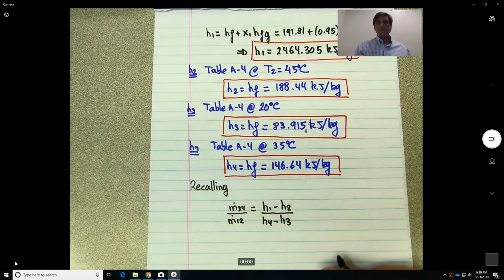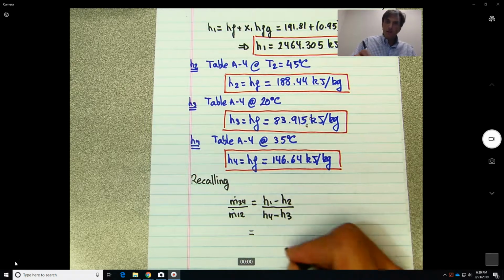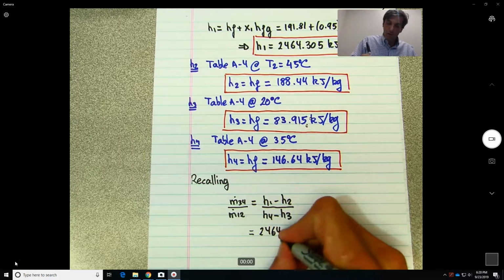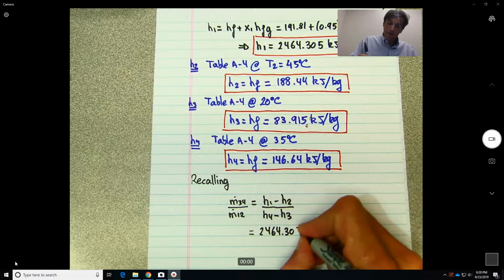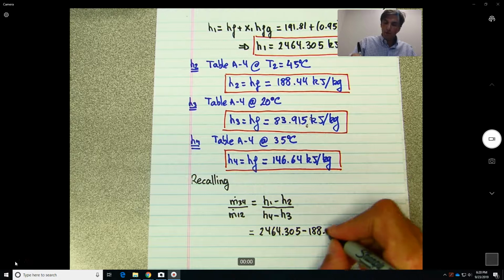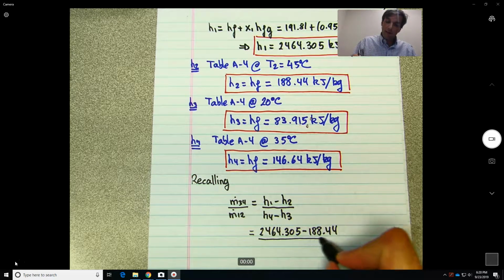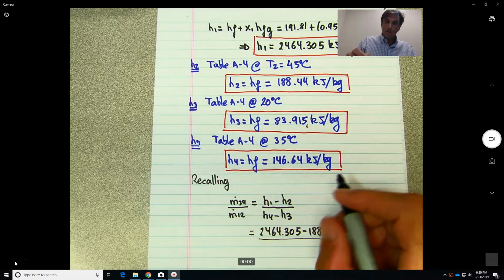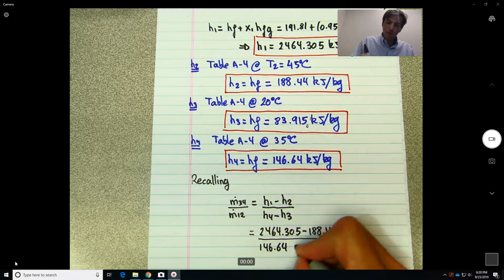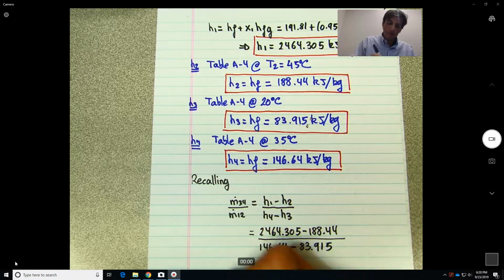What do we have? We're going to have that 2,464.305 minus 188.44 divided by H4, which is 146.64 minus 83.915.